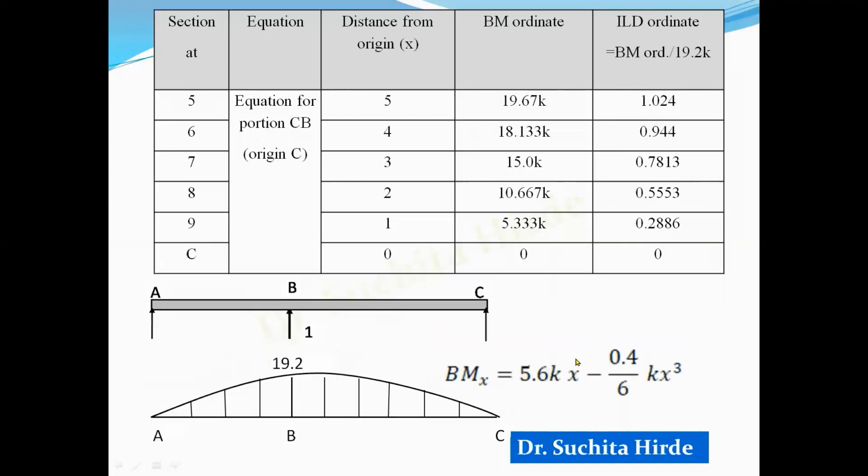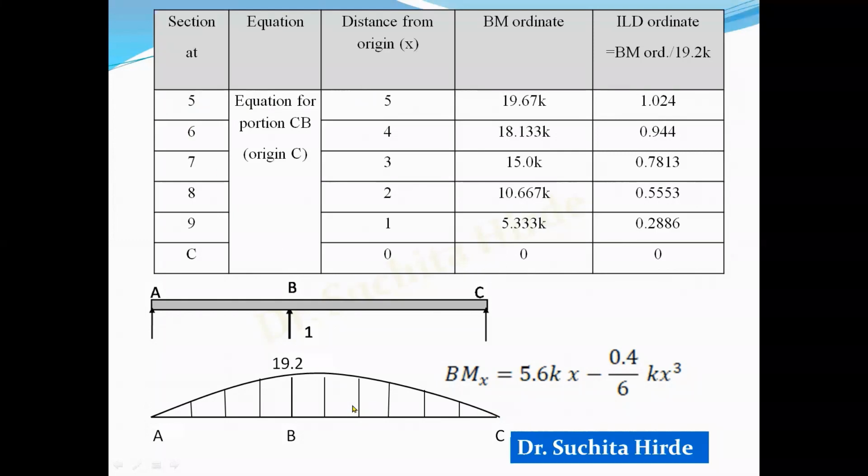Similarly, we can plot the influence line diagram for portion BC also. So here, point number 5, this is section 5, section 6, 7, 8, 9 and C. Now here you have to remember that we have measured distance from C. For point number 5, distance from C is 5 meter.